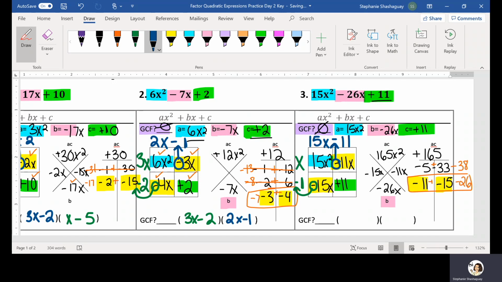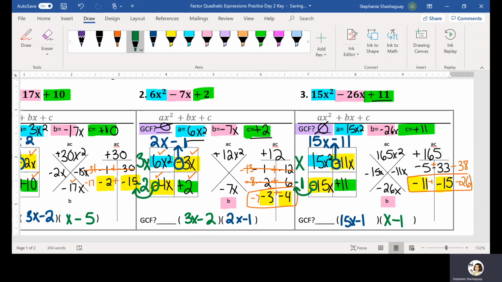Both 11x and 11 are divisible by 11, so that is my second factored polynomial. Now I can list them. I like to list my number with the largest coefficient first. So 15x minus 11. And then x minus 1 is my other factor.